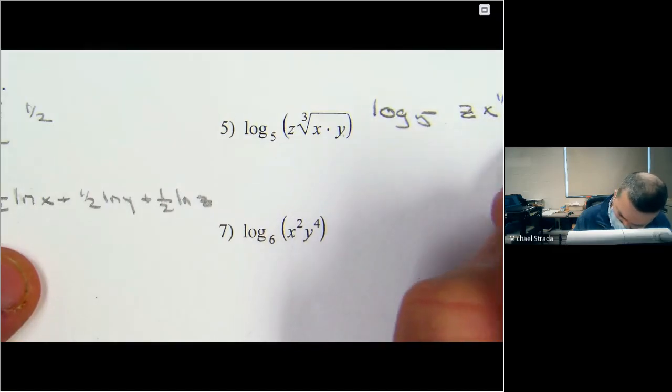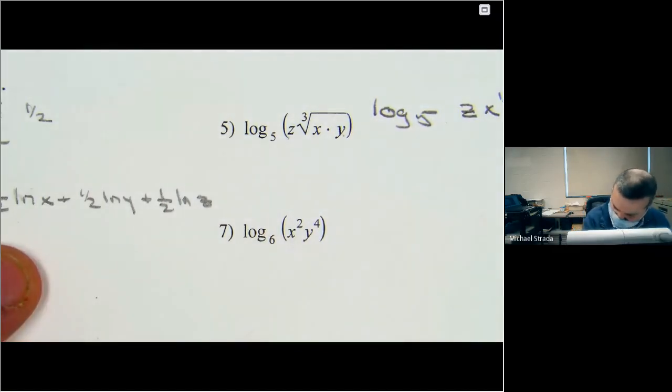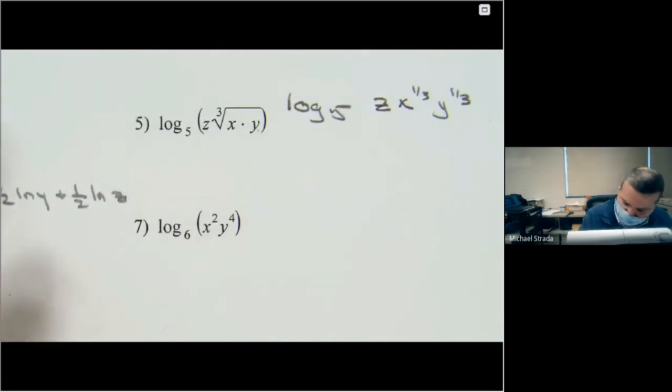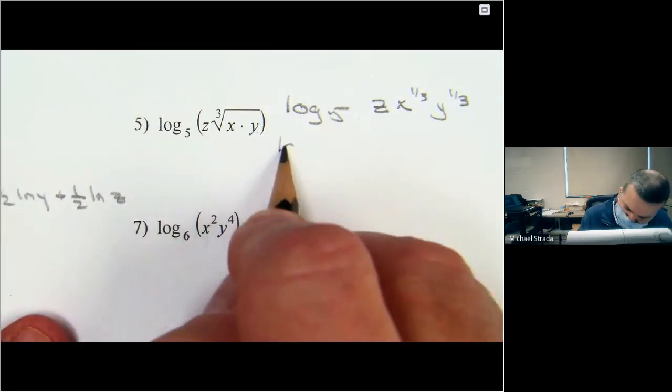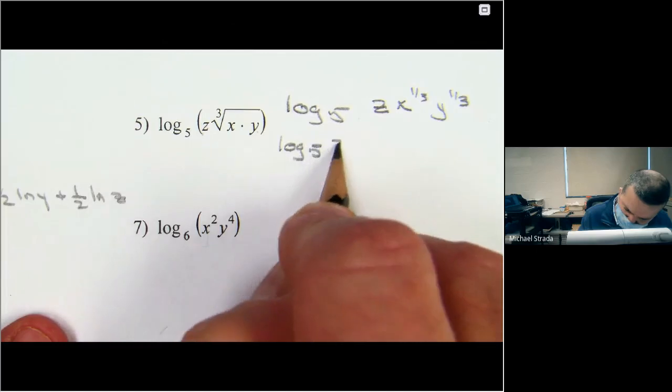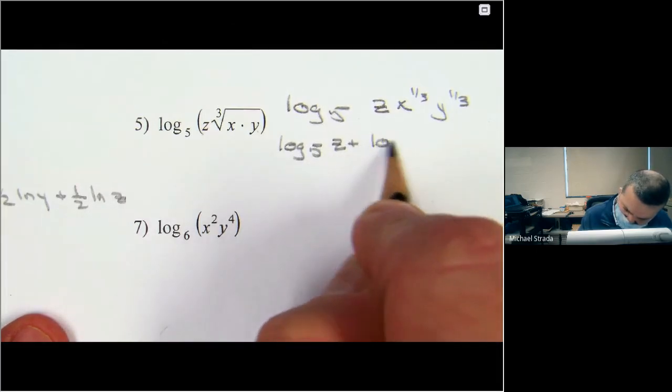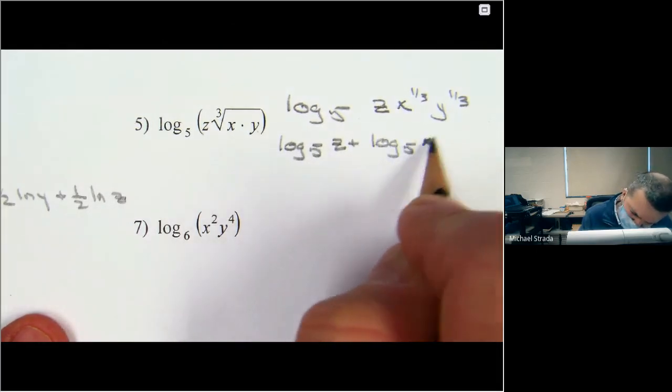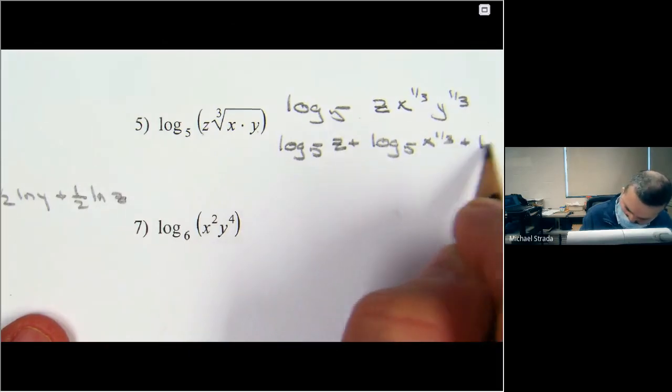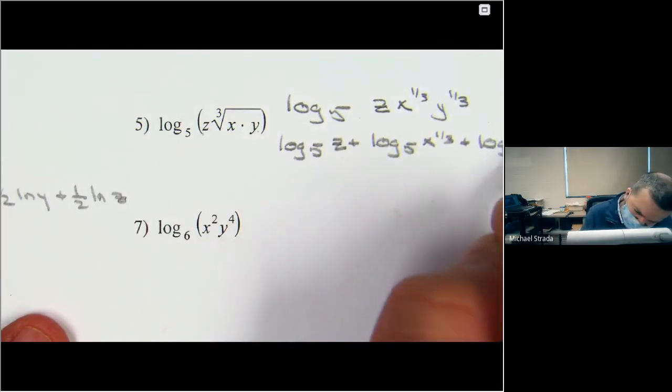If you want to write them separately, you can. If you would rather break them up first, if that's easier for you, feel free. Log base 5 of z plus log base 5 of x to the 1/3 plus log base 5 of y to the 1/3.